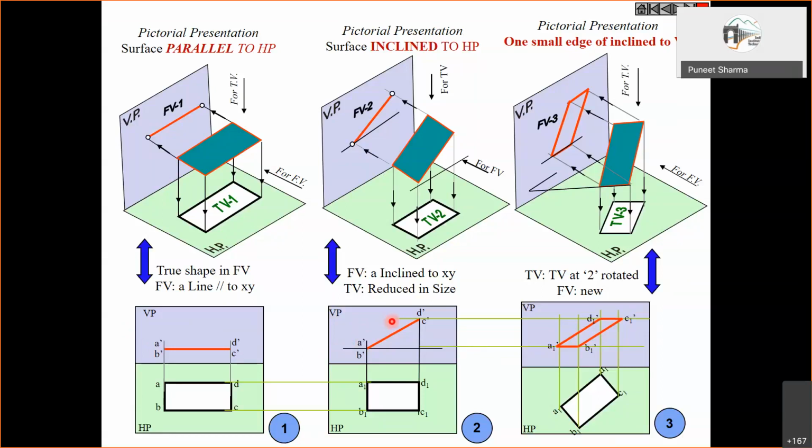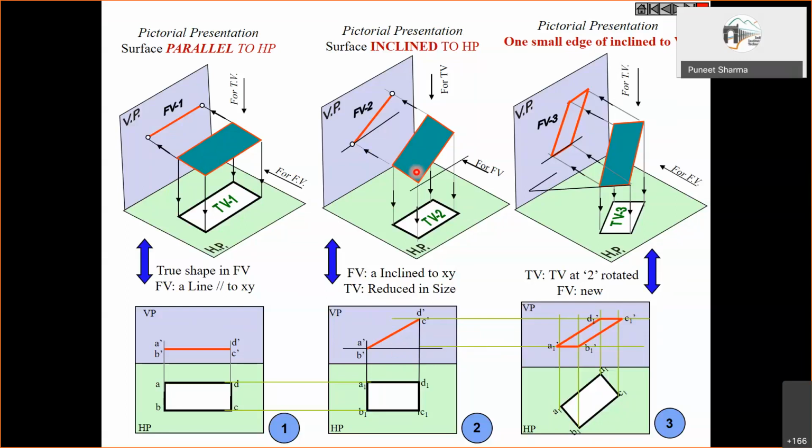Now you see, when we do so, this amounts to rotating this plane figure by step 1 to step 2, that is when we are drawing the front view like this. This amounts to rotating this plane figure by keeping this edge at its own location and shifting it to this.